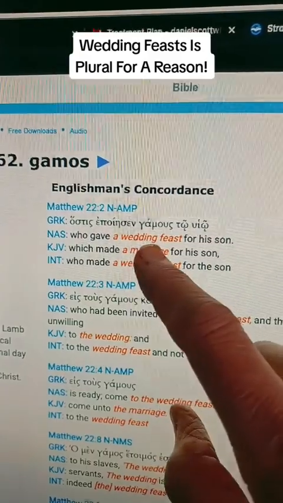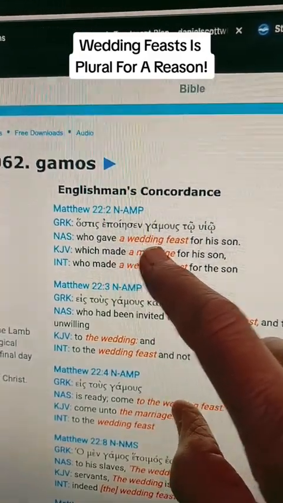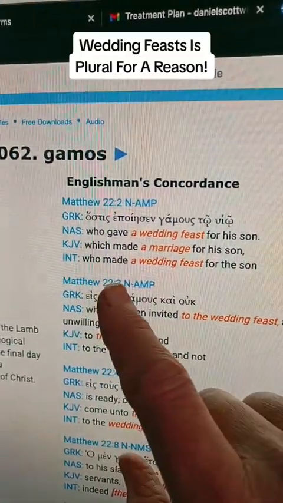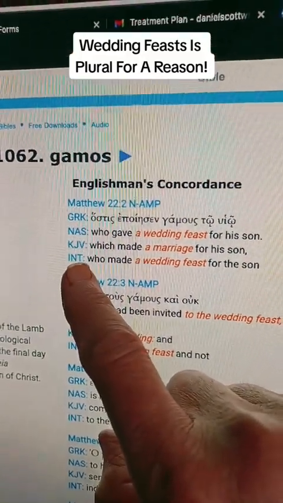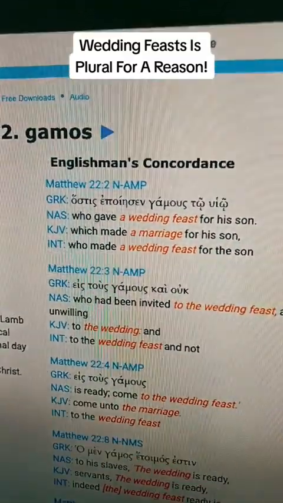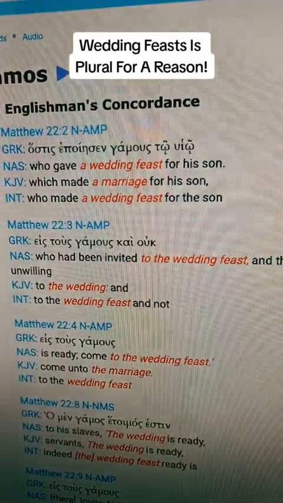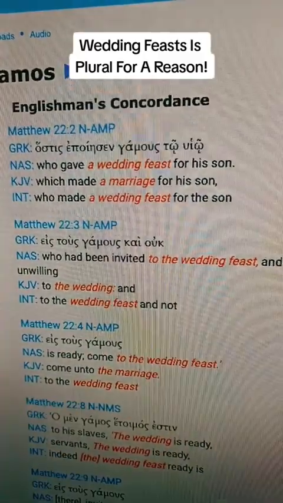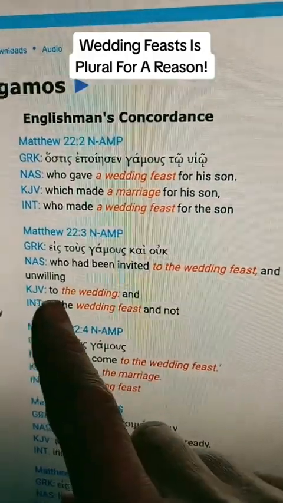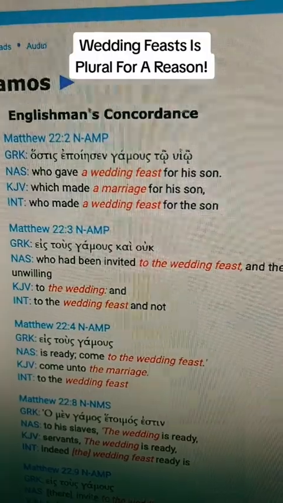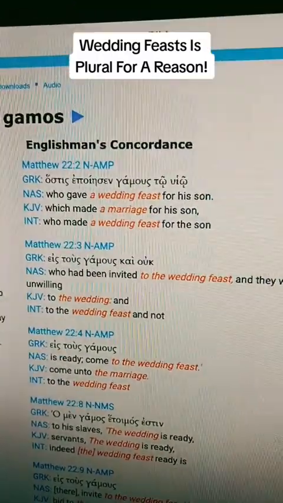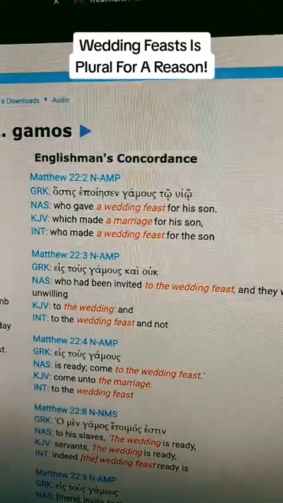In the NAS, they translated a wedding feast, singular; the King James, a marriage; the international, INT, I don't know what that is, a wedding feast, where again it's in the plural. Here again, in this verse, it's also plural. Wedding feast. The wedding. So the plurality is significantly important and ignored in these translations.